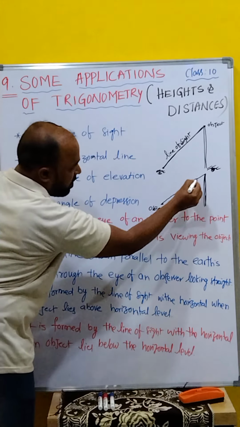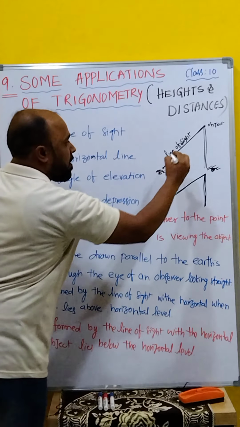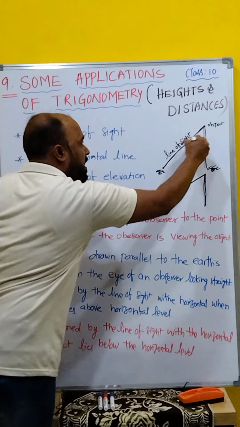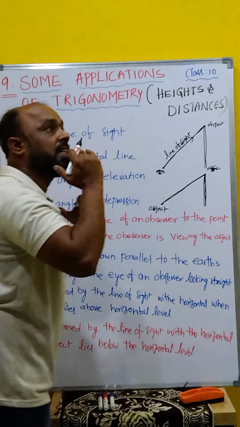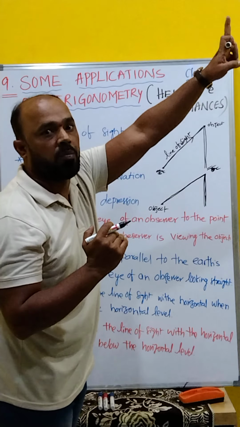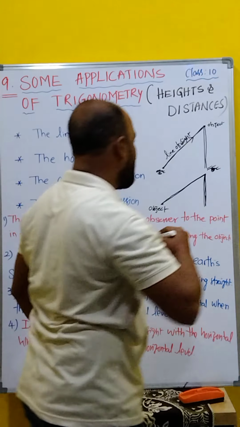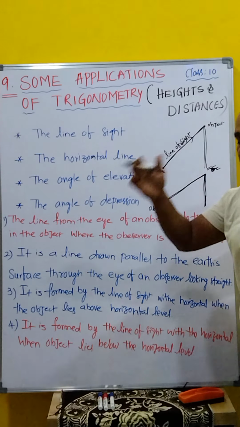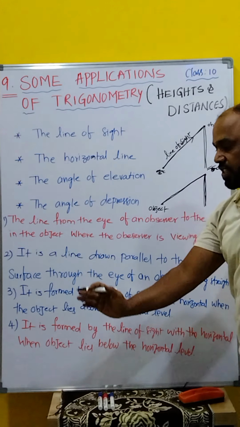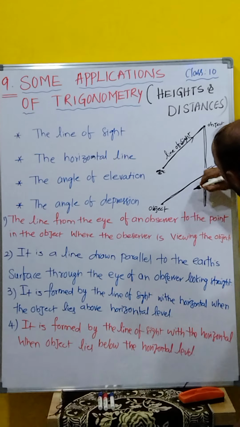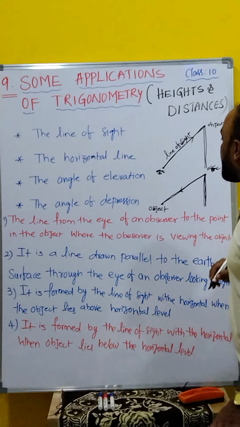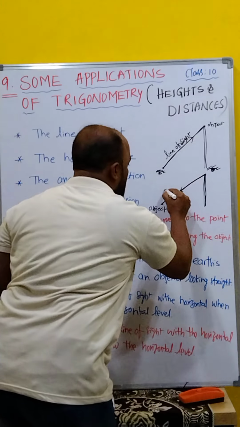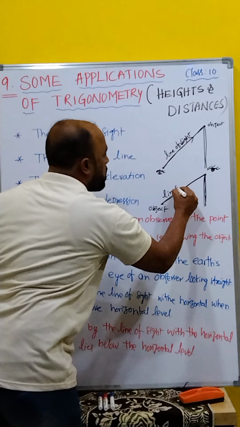First time, the eyesight is this way, we are seeing up. Now, second time, the observer's eye is up and we are seeing exactly down. Clear, children? And this is the line of sight.